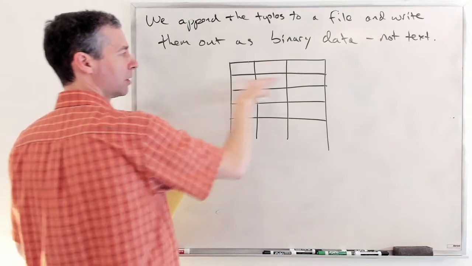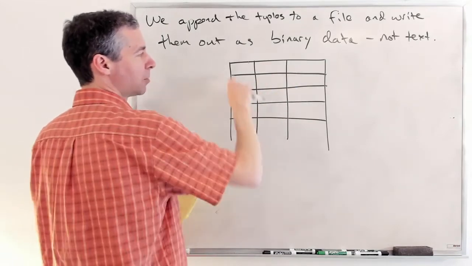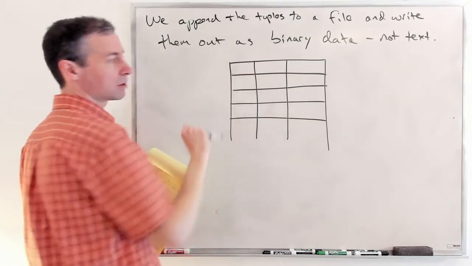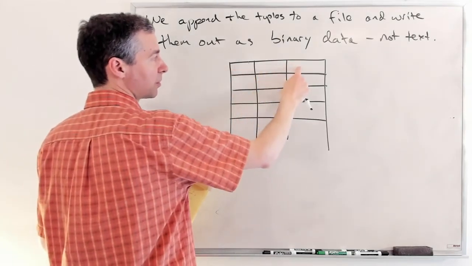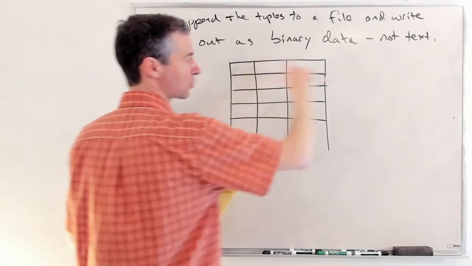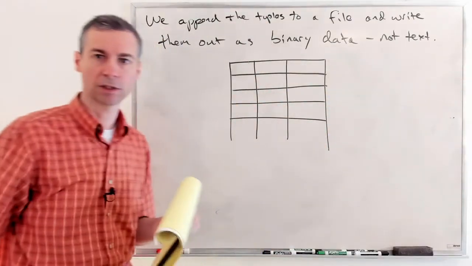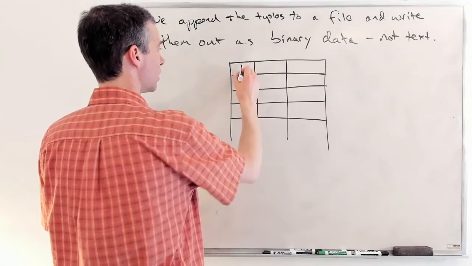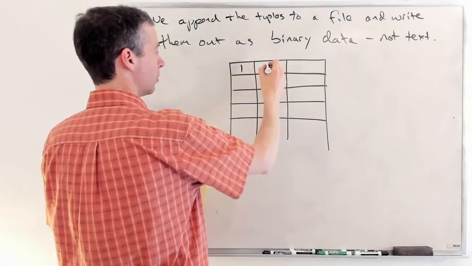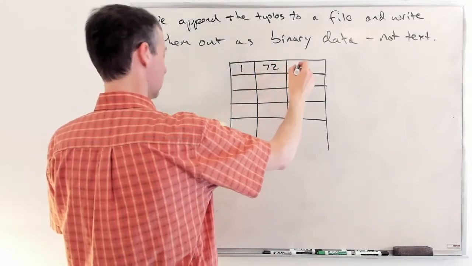But truth is, inside the file, it's 1 integer, 2 integer, 3 integer, 4, 5, 6, and it's just one long stream of bytes. So we would write in here in binary format 1, 72, and 2.